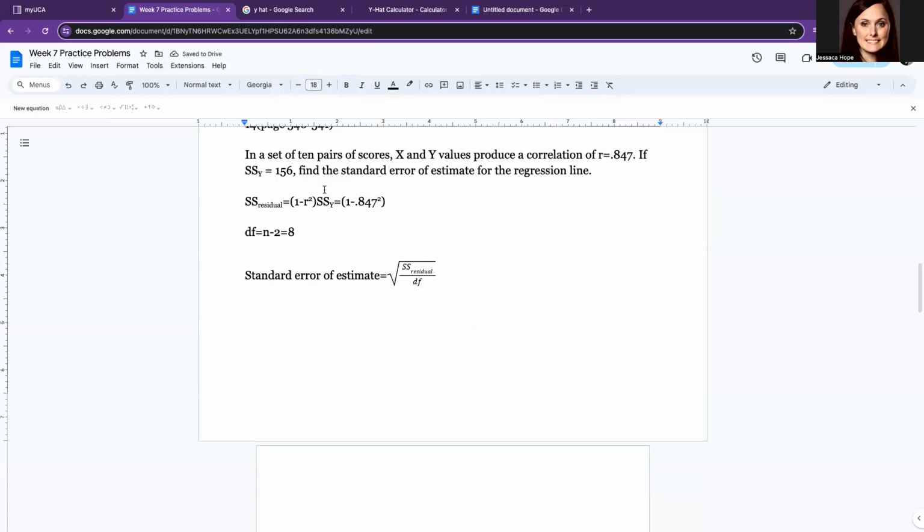Times SSY, which was in the prompt here, equals 1 minus, and then I'm going to square 0.847, and I get 0.717 times 156.